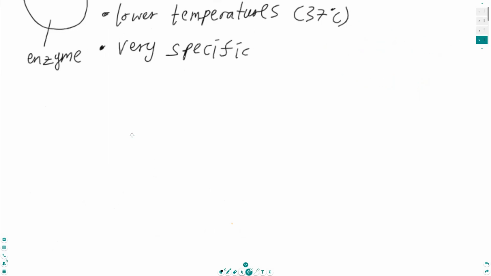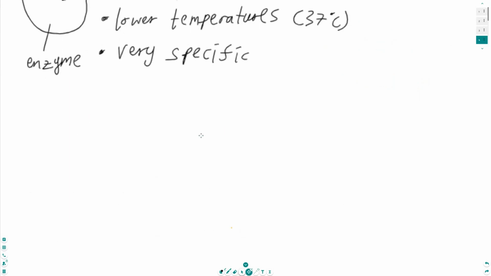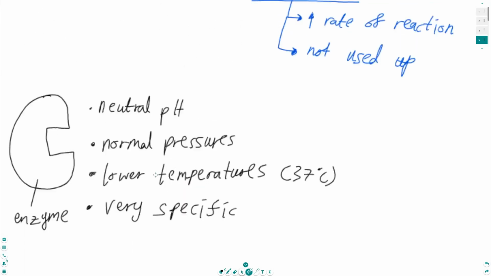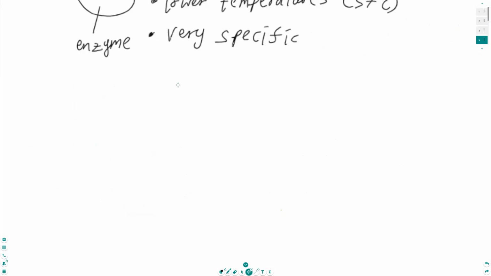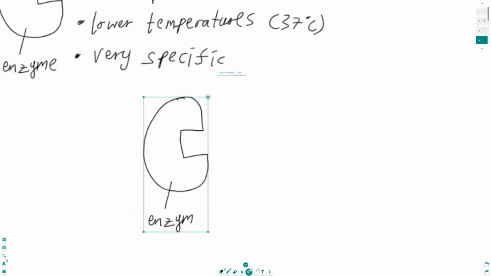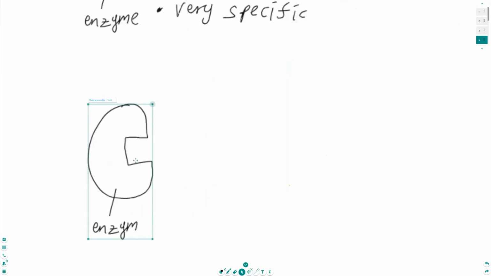So the structure of an enzyme determines its function. Because they're so specific, the structure of the enzyme determines what the substrate is. So for example, if we take this enzyme here, we can draw the specific substrate for that.